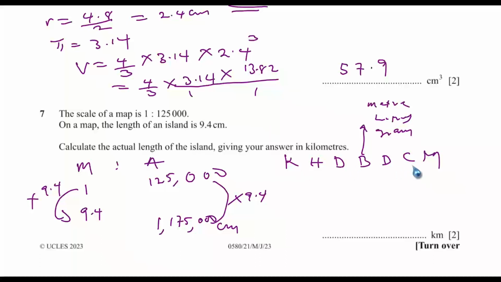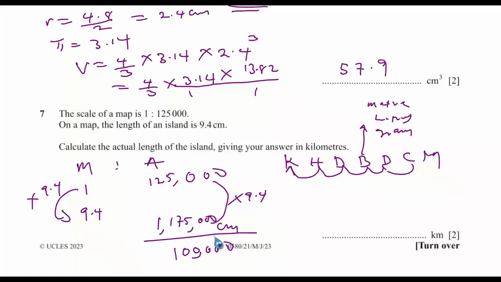So let's count from here. 1, 2, 3, 4, 5. So that means we need 5 zeros. So we can convert it to kilometers by dividing by 1 followed by 5 zeros. That will be 100,000.